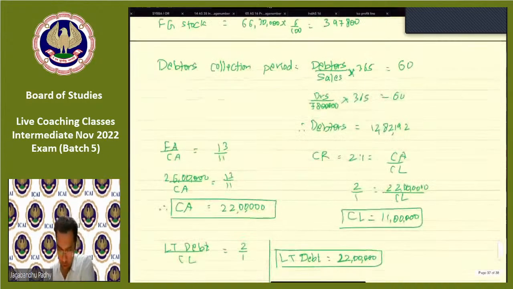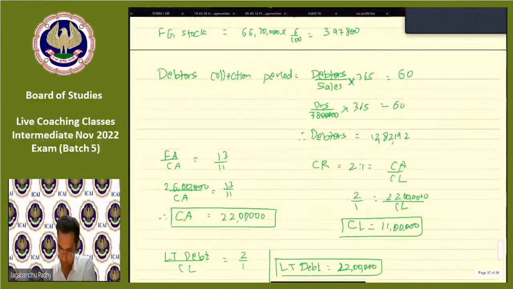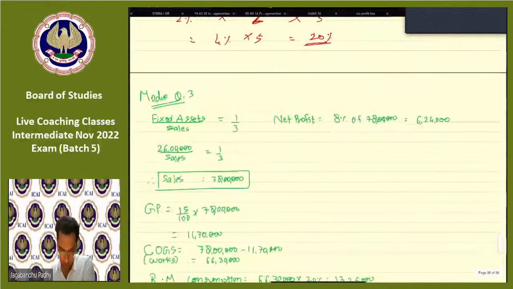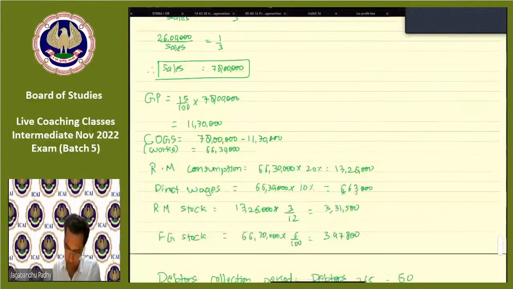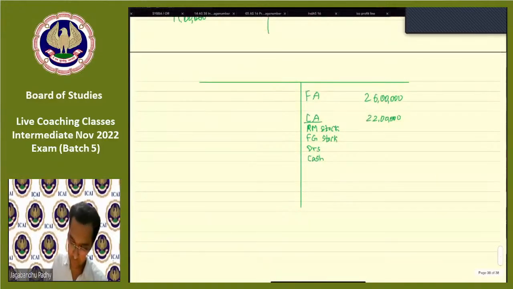We have the raw material stock available. Raw material stock is stock of raw material. We computed it, right? 3,31,500. Finished goods is 3,97,800. Raw material stock 3,31,500.